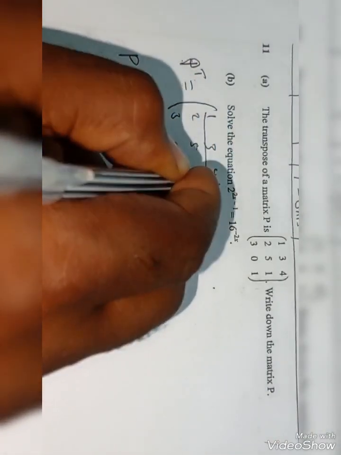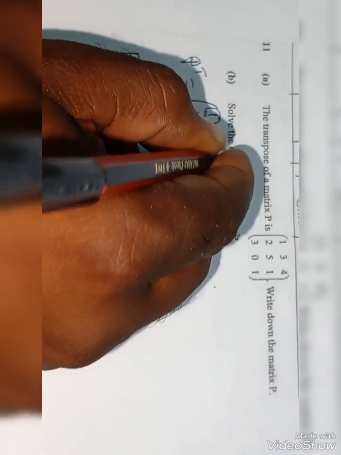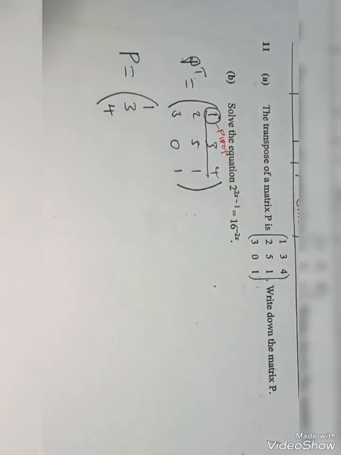You begin to reverse. This row will become a column. This diagonal, we call it a pivot. A pivot will not move. It will be there. So it will be 1, 3, 4.